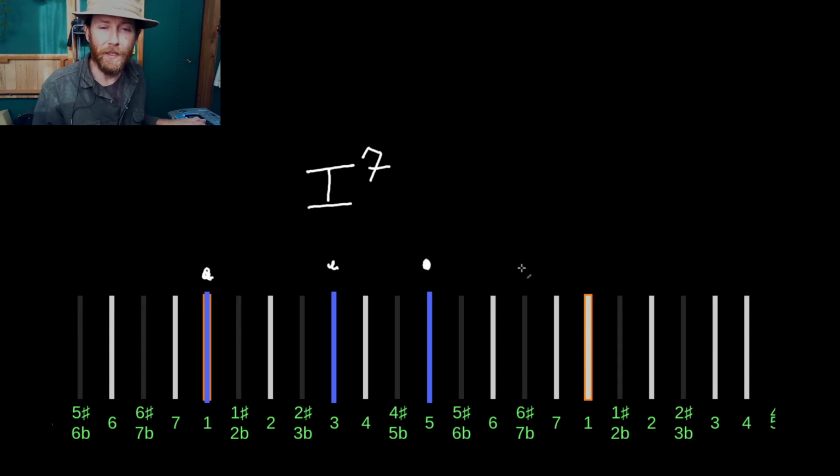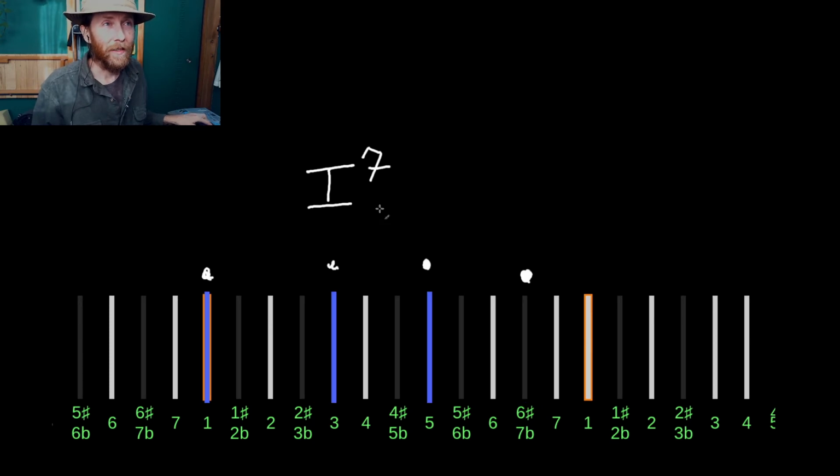Incidentally, a really easy way to find the 7 and the minor 7 and such is to remember that the 7 is just a half step under the next octave 1. So instead of thinking of the 7 as like the distance of a 7th up from the root, I just think of the 7 as a half step under the tonic. And the minor 7, which is what we want to add now, is just a half step under that. So to make a 7 chord, you're just adding a note that's a whole step under the tonic, right? So there's our 1-7 chord.